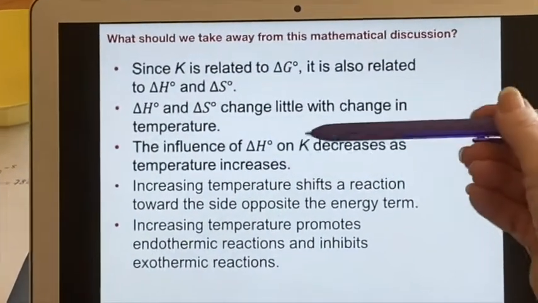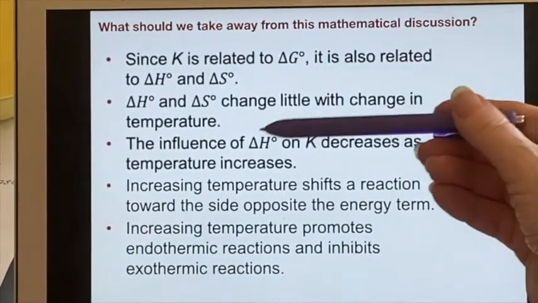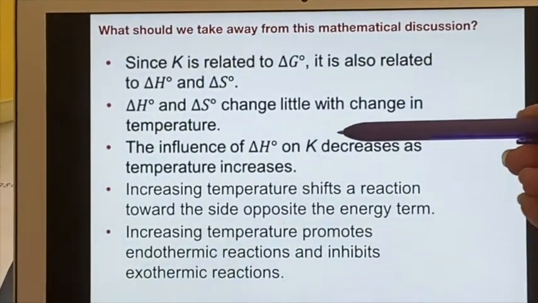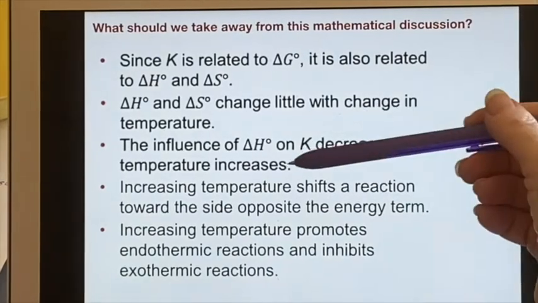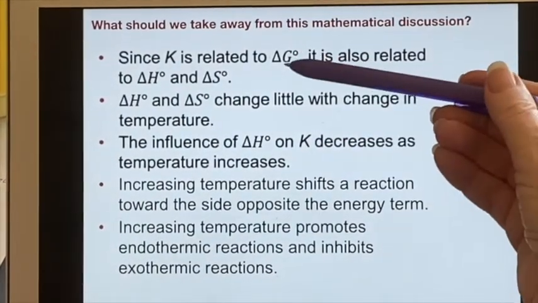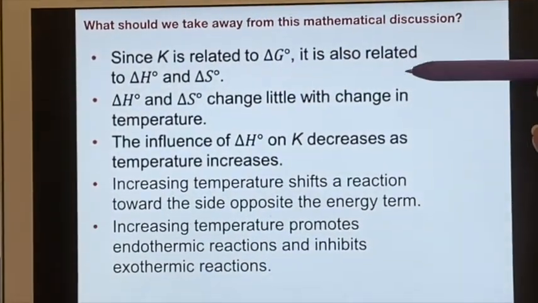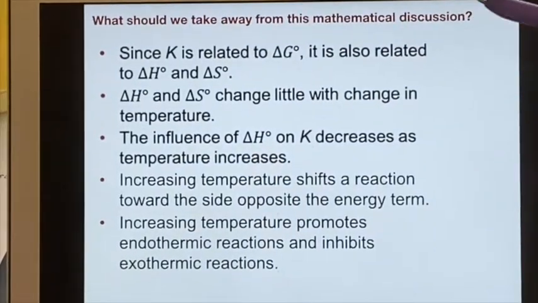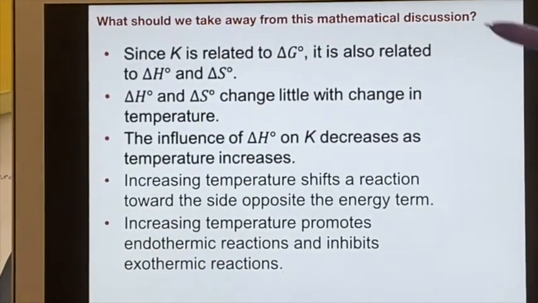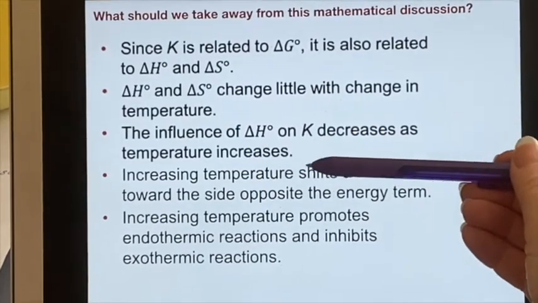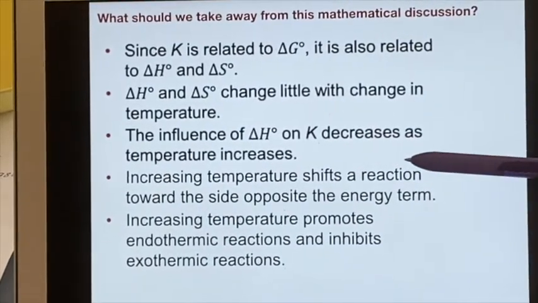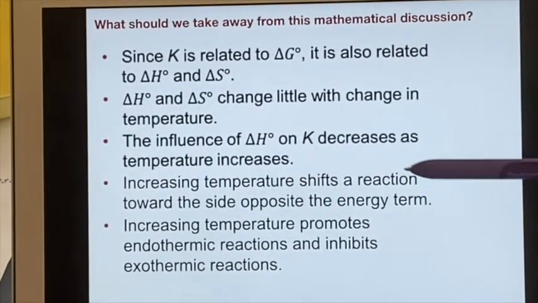Interestingly, the influence of delta H on K decreases as temperature increases. If you think about it, delta G is delta H minus T delta S. The bigger T is, the more delta S gets involved. Increasing a temperature will shift a reaction towards the side that's opposite the energy term.